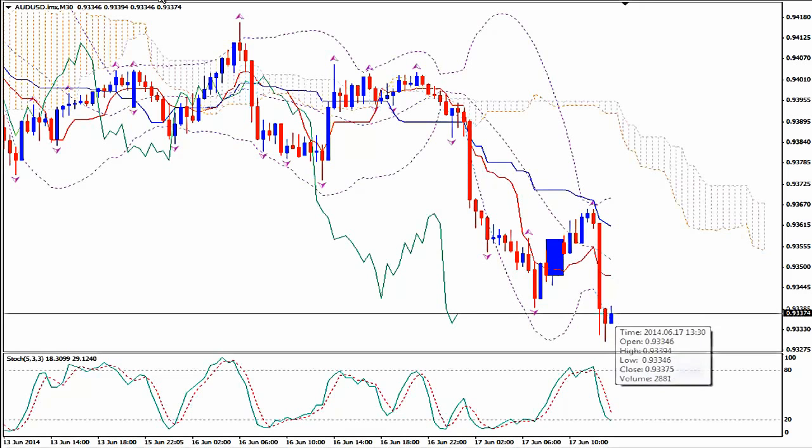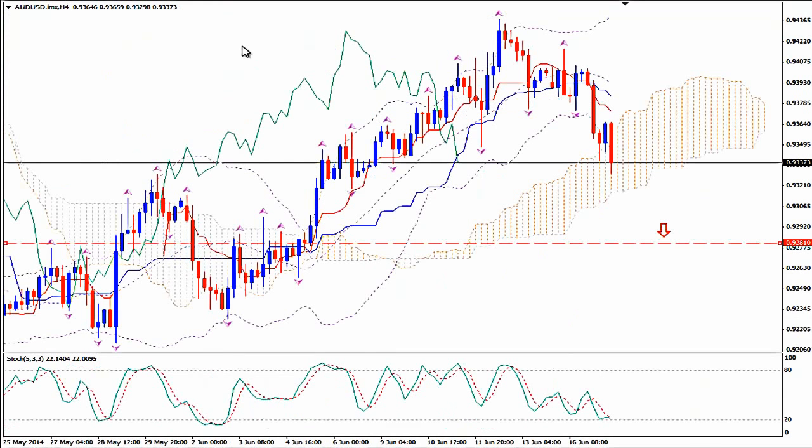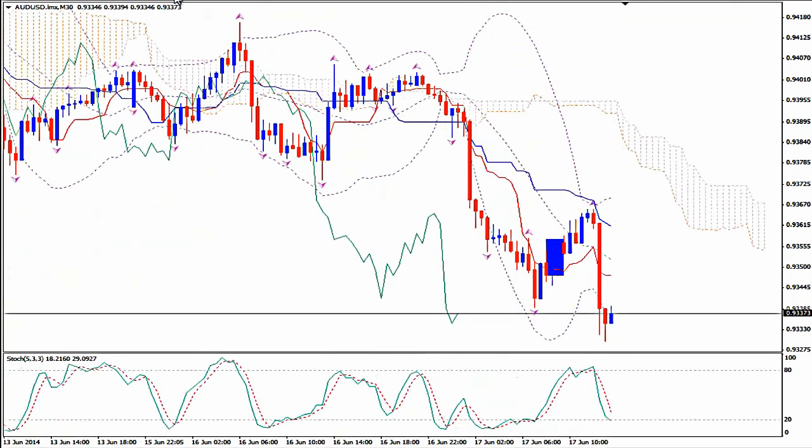Now, this will happen after you see a bearish Kumo breakout on H4 and a bullish correction on M30.